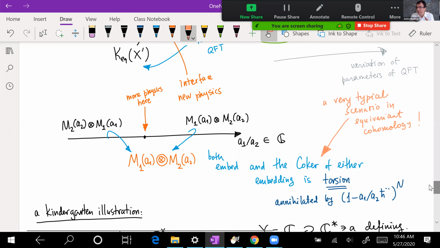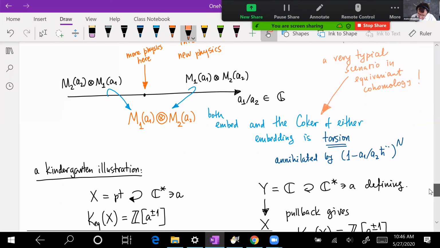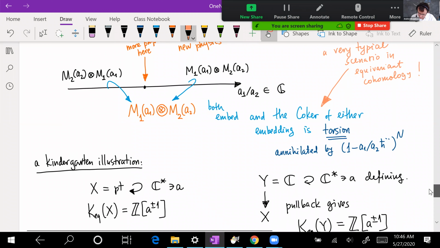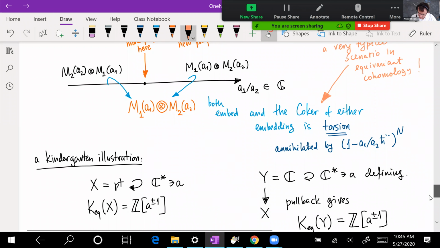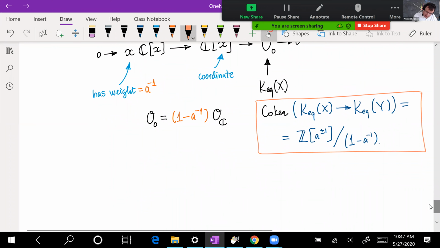This will give us precisely the rational dependence of the R matrix on the parameter. And okay, so this is the kind of key example.